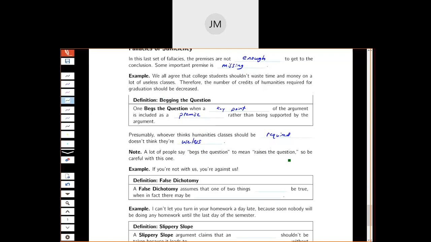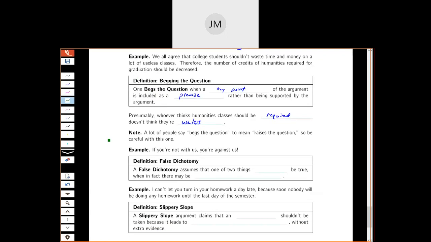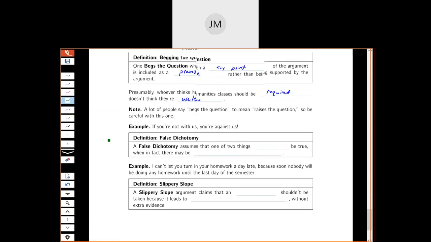Begging the question is this logical fallacy where we include a key point of our conclusion as a premise. So we sort of assume something that's part of our conclusion. Okay, let's look at another example.